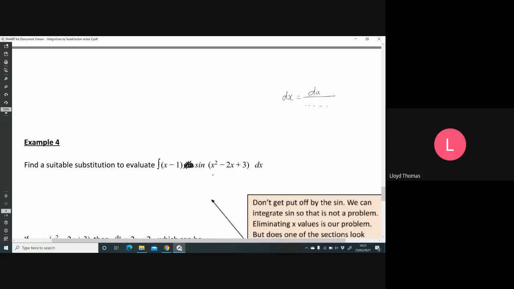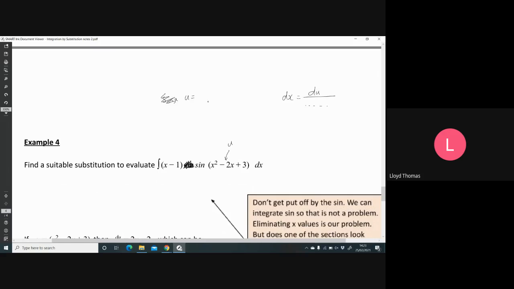Now the fact that this is a sine term hopefully should not matter, because remember we're trying to create u equals something. And if I replace this bracket with u, then I'll end up with sine u eventually. Okay, sine u. So it won't matter there. Nothing will need to cancel out, hopefully, with this term.